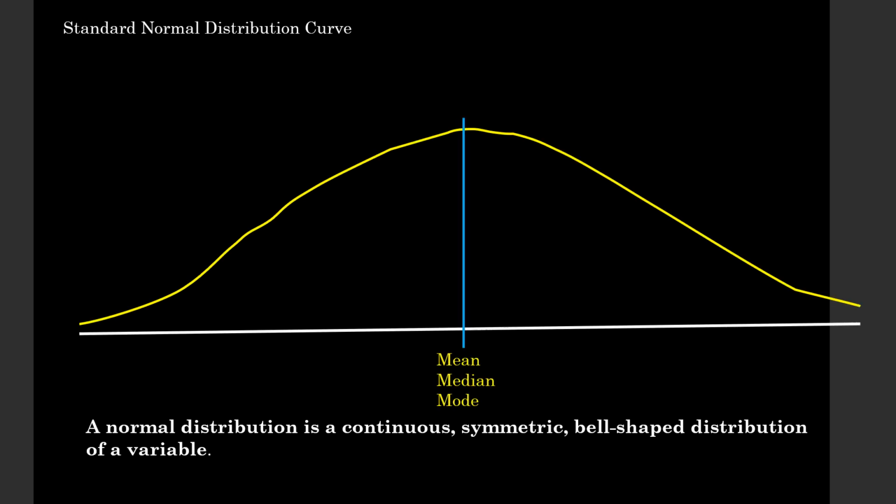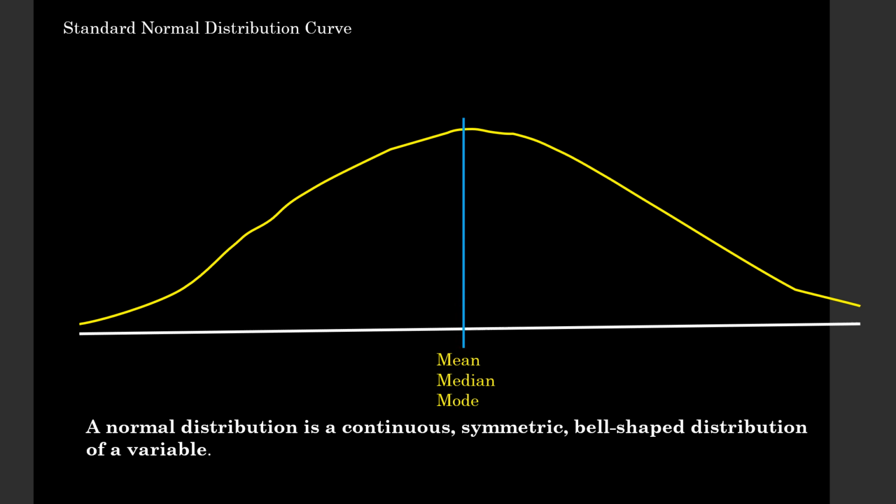Before we continue, dear student, let me remind you that a normal distribution is a continuous, symmetric, bell-shaped distribution of a variable. The mean, median, and mode are equal and they are located at the center of the distribution.